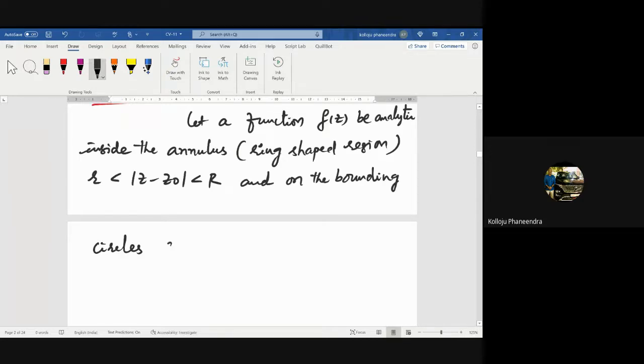The first circle C1 is mod z minus z naught equal to small r, and the second circle C2 is mod z minus z naught equal to capital R.